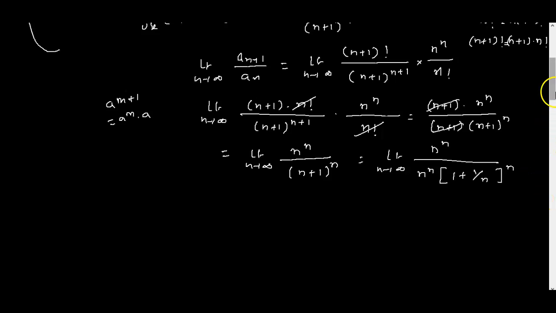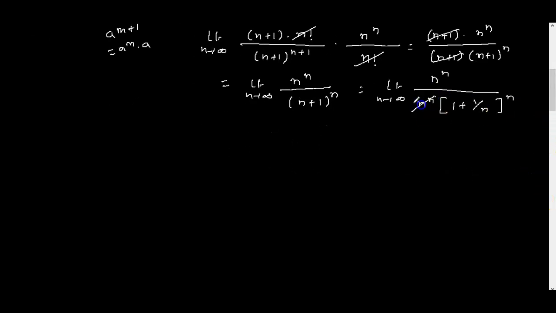Getting? So this part is cancelled here. So here limit of n tends to infinity, 1 upon (1 plus 1 by n) to the power of n.